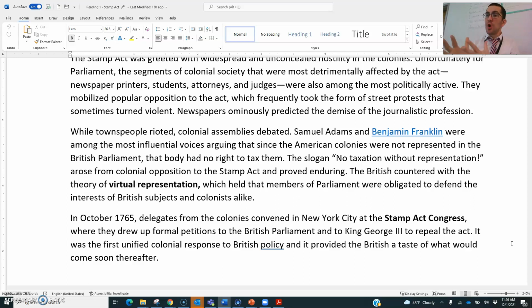The slogan, "No taxation without representation," arose from colonial opposition to the Stamp Act and proved enduring. So it continued on in the years leading up to the Revolution. The British countered with the theory of virtual representation, which held that members of Parliament were obligated to defend the interests of British subjects and colonists alike.